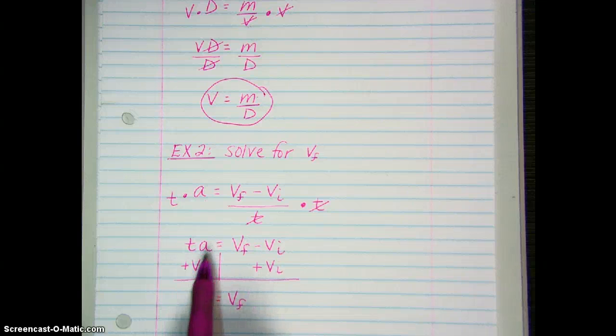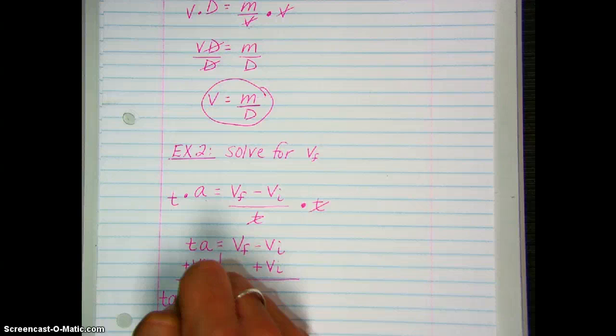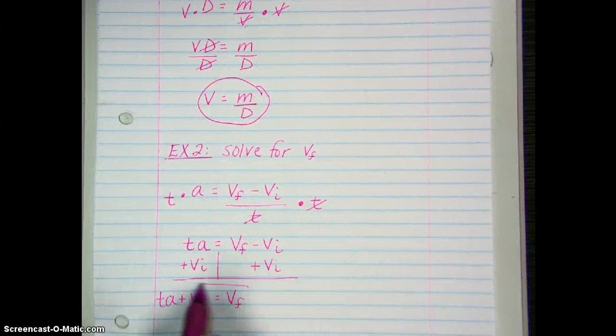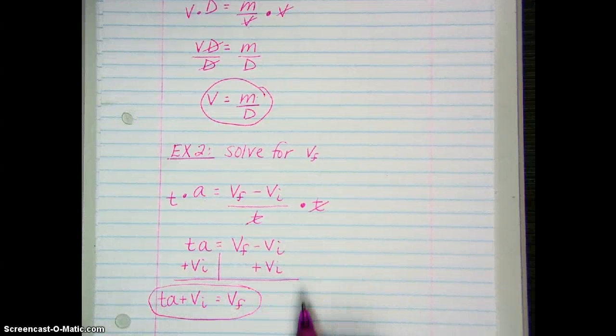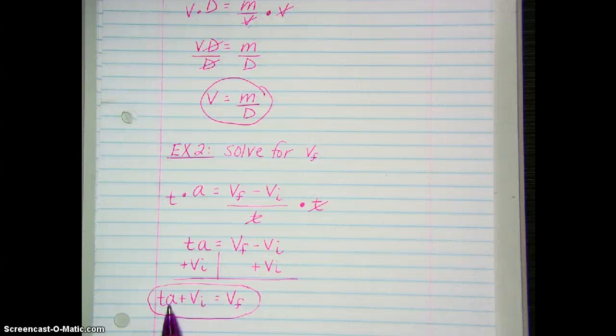And then ta plus vi, that's just how we write it. ta, t times a, plus vi. And that would be your final answer. So if you wanted to calculate the final velocity of an object, you can do that by taking the time, multiplying that by acceleration, and then adding its initial velocity.